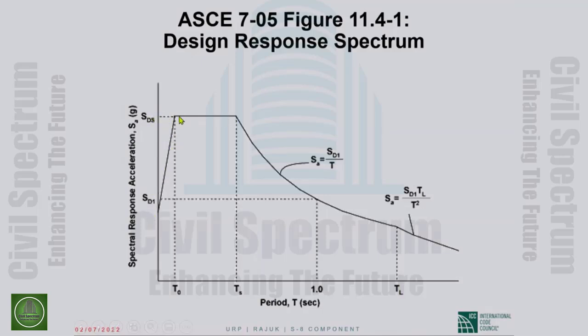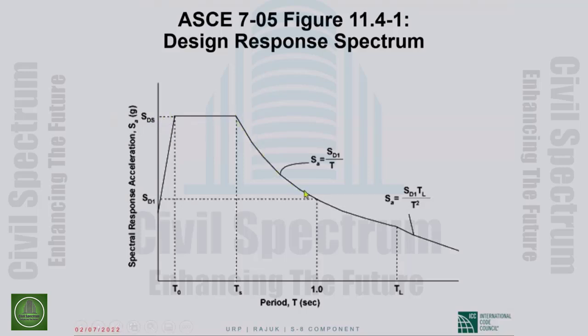This is the constant acceleration part of the spectrum for those into structural dynamics, and we will discuss that a week from today. Next week we will discuss that this is the constant acceleration part of the spectrum.